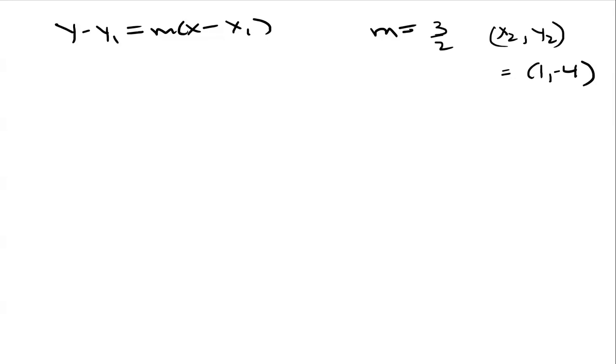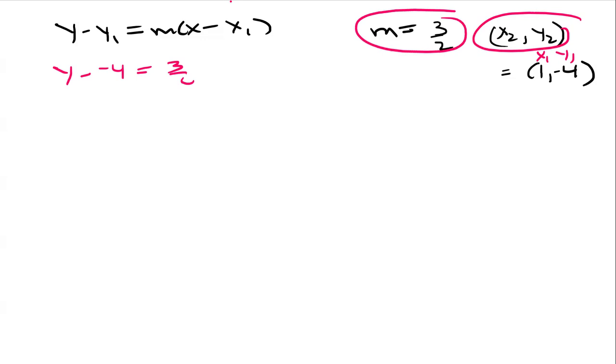All right, so let's see if we get the same answer. So this will be our x1, y1 now. It was our second point on the other one, but we're calling it x1, y1. So we have y minus -4 equals m, which is 3 halves, right? That's what they gave us.